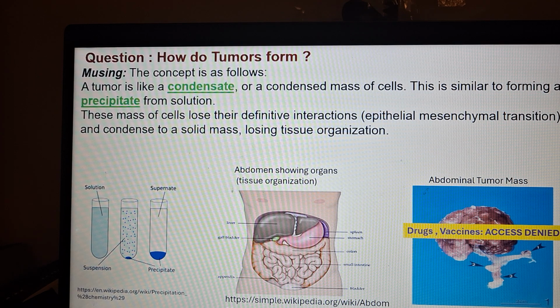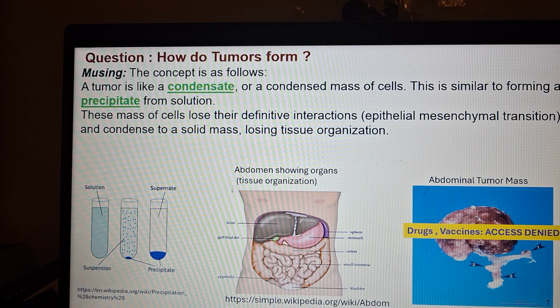So if you compare the left side, where the abdomen is showing organization of organs, an abdominal tumor mass is like this irregular, mushy, slushy mass of tissue. And so the main difference we see is this lack of organization.